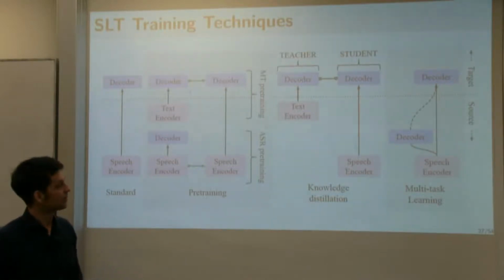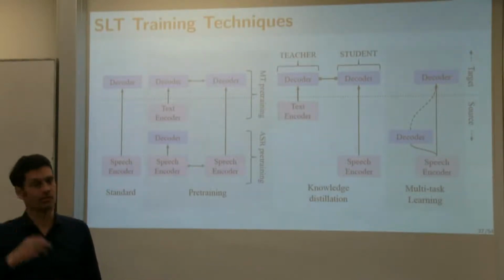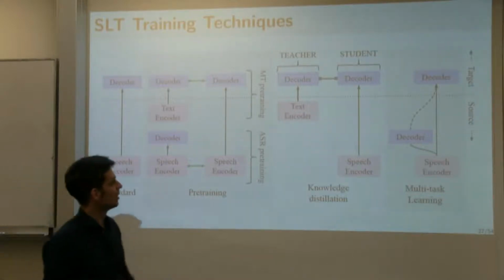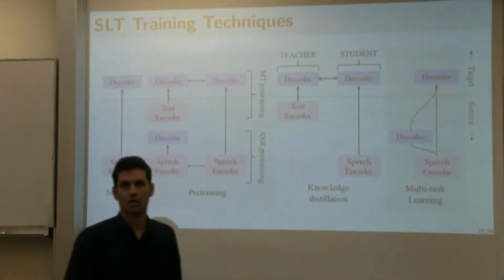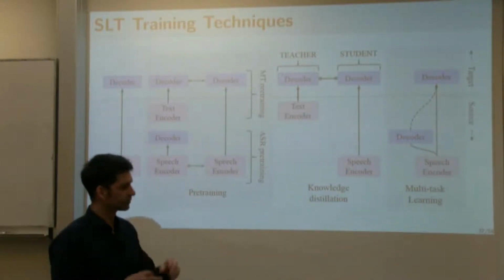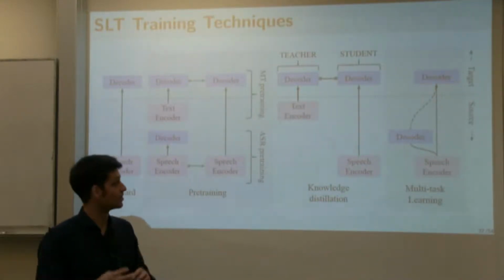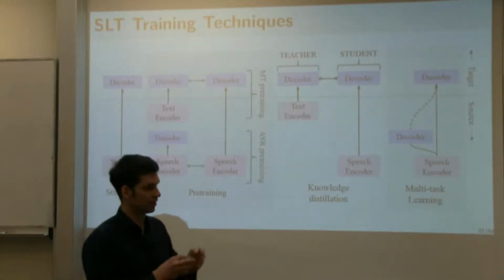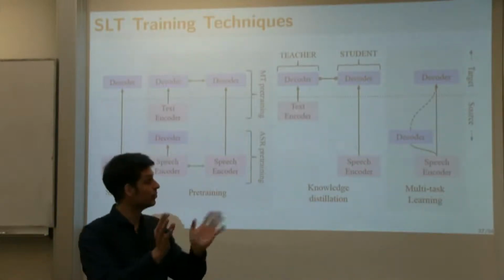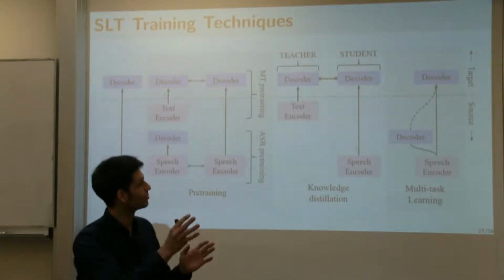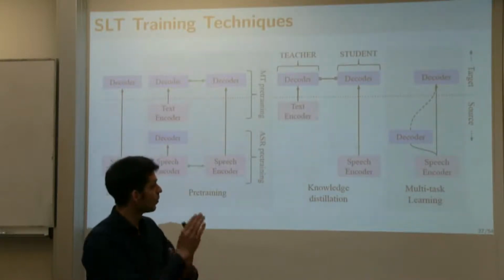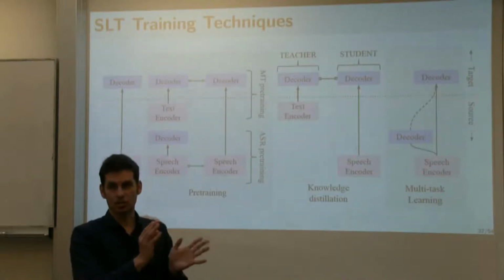And then something which is similar to what we've discussed last week is the multitask learning approach. There you have the speech encoder to digest the speech, and you are training it with the following two components. One decoder that goes directly to the target language, and one decoder that goes to the source language.